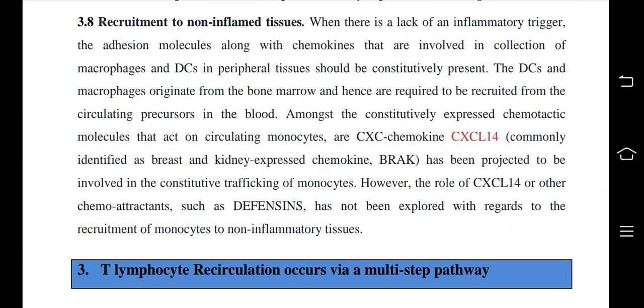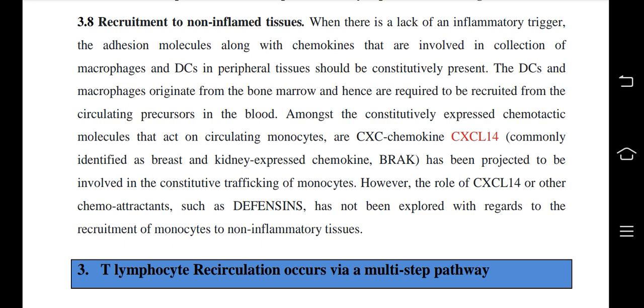When there is a lack of inflammatory trigger, the adhesion molecules along with chemokines that are involved in collection of macrophages and DCs in peripheral tissue should be constitutively present. The DCs and macrophages originate from the bone marrow and hence are required to be recruited from the circulating precursors in the blood.